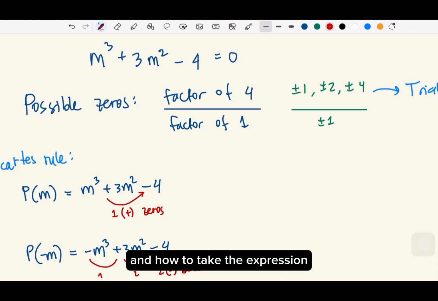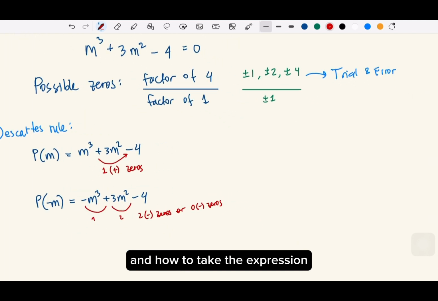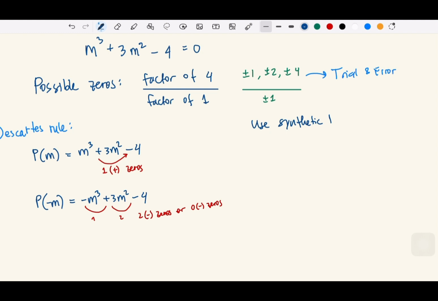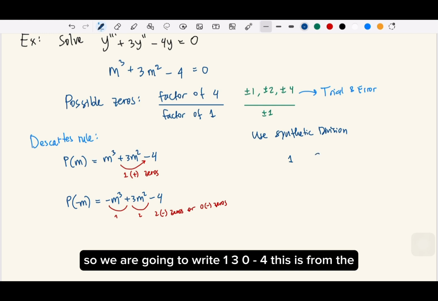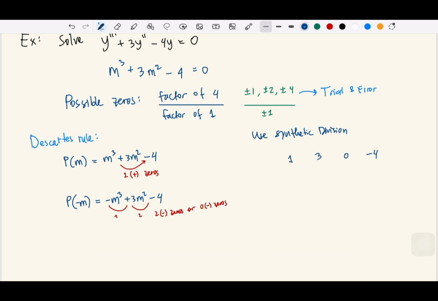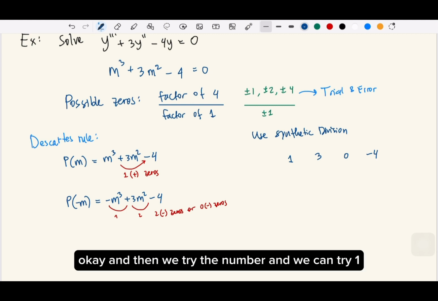And how to take the expression, my idea is to use the synthetic division. So we are going to write 1, 3, 0, negative 4. This is from the polynomial function, okay?